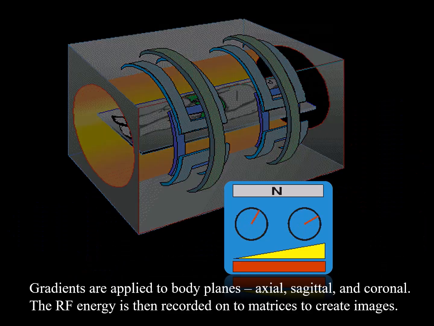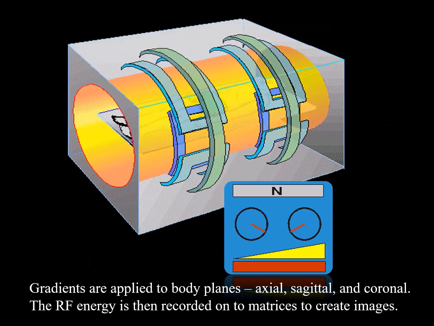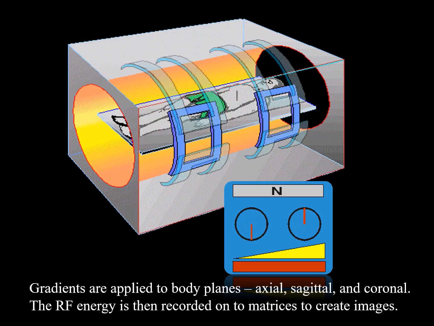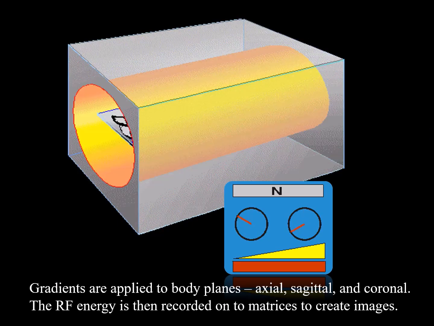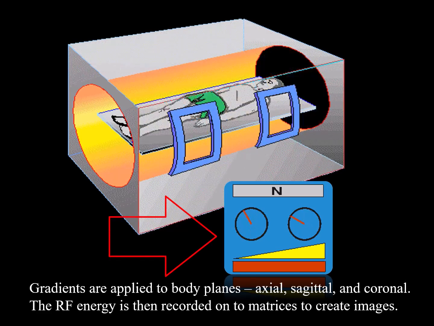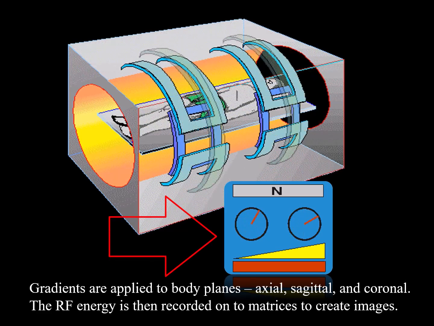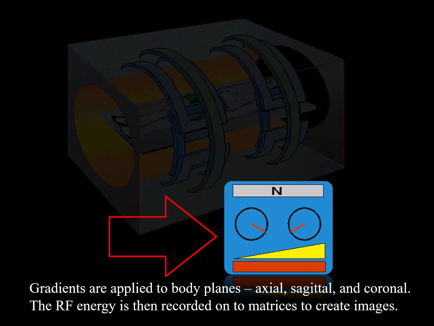Here we see the axial, sagittal, and coronal gradients being applied, superimposing their energy over the original energy of the magnet. Again, they are heterogeneous and not homogeneous, and they are on a gradient or a slope. This allows us to pinpoint or map the tissues in the body.